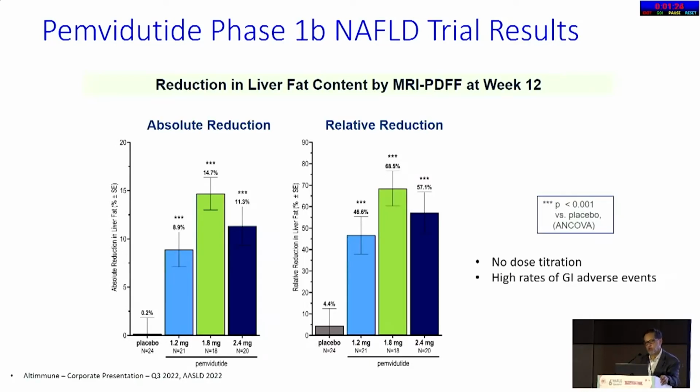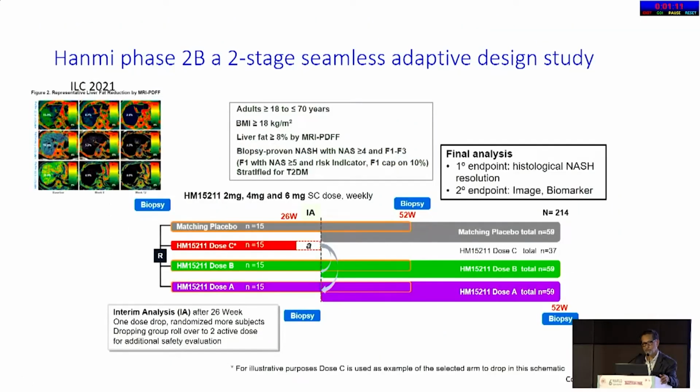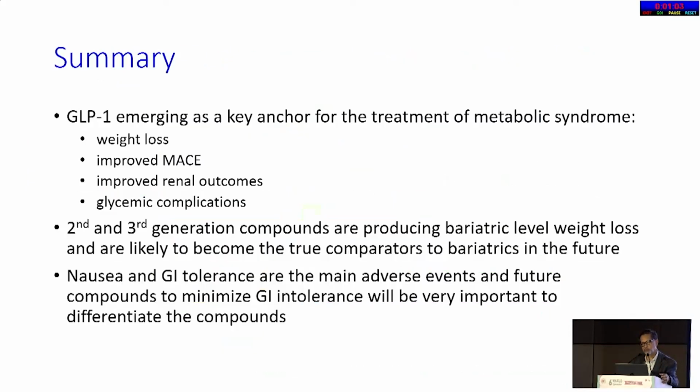There's also another molecule called cotadutide. Pemvidutide really is lead in class in terms of defatting the liver, and you can see pretty dramatic absolute and relative defatting of the liver. And there are already clinical trials with triple agonists for NASH that are ongoing. Hanmi is a Korean company which has a triple agonist.